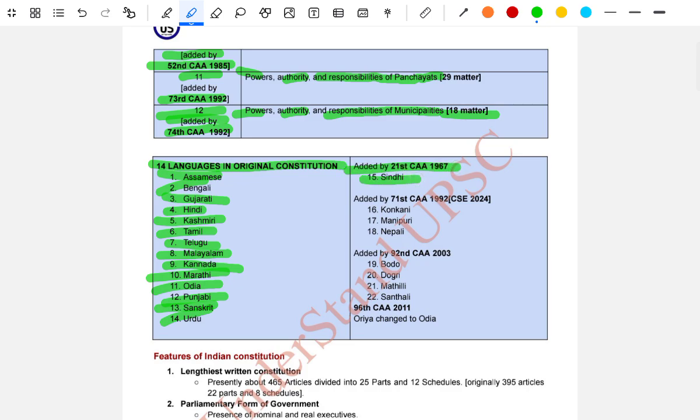Added by the 71st Constitutional Amendment Act 1992, Konkani, Manipuri, Nepali. Added by the 92nd Constitutional Amendment Act 2003, Bodo, Dogri, Maithili, Santhali. 96th Constitutional Amendment Act 2011, a change in the name Oriya to Odia.